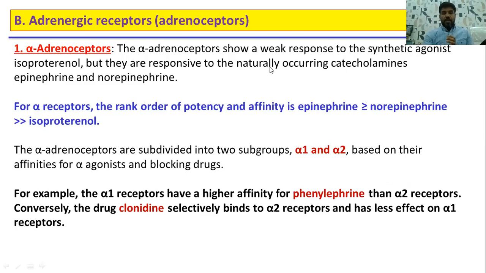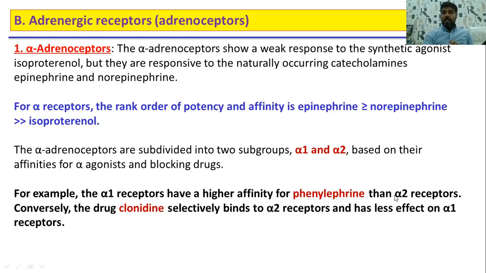So here we have two examples. Say, for example, alpha 1 receptor has high affinity for phenylephrine. So now I can imagine what will be going on when phenylephrine binds to alpha 1 receptor.